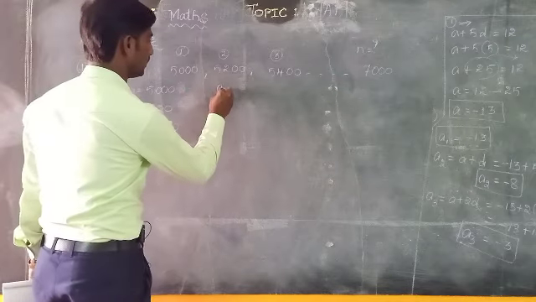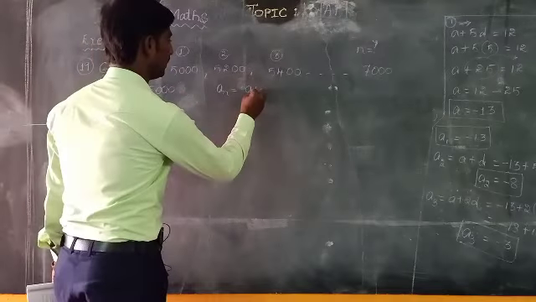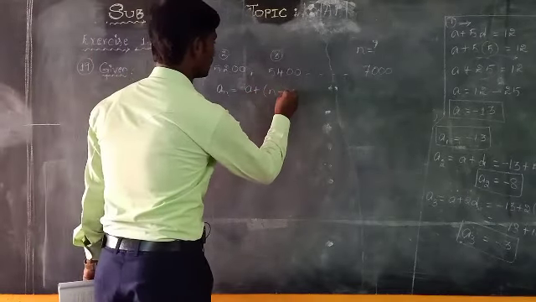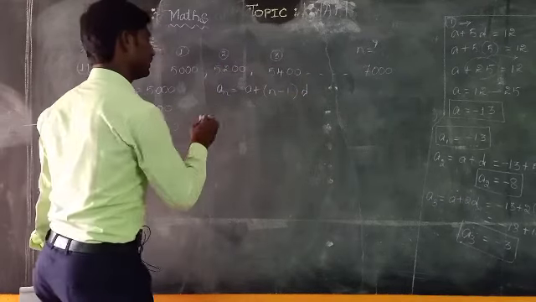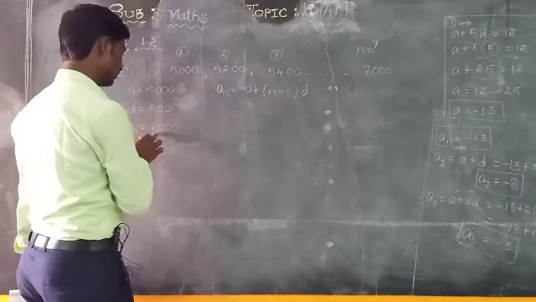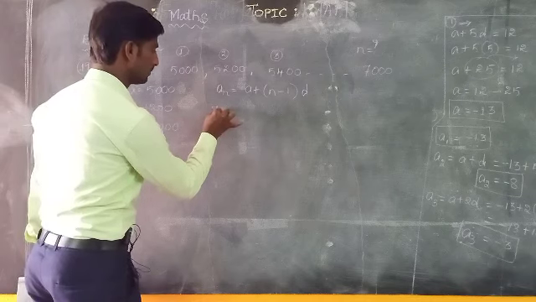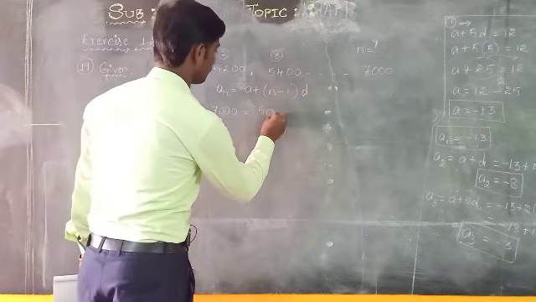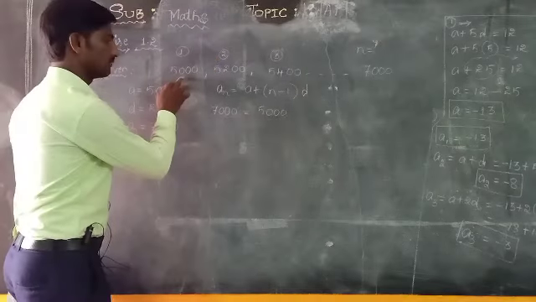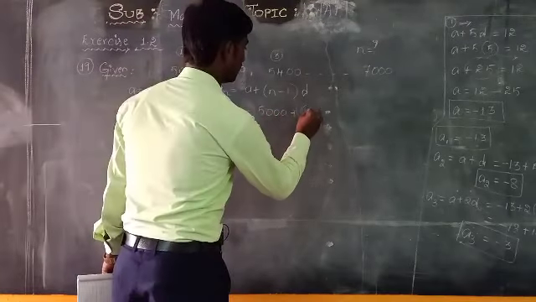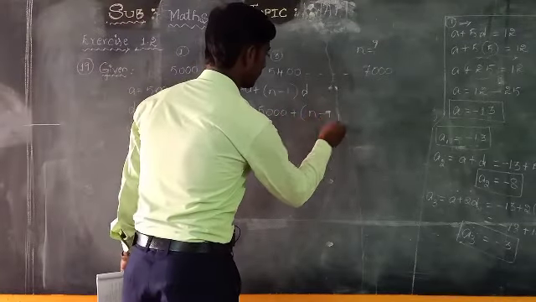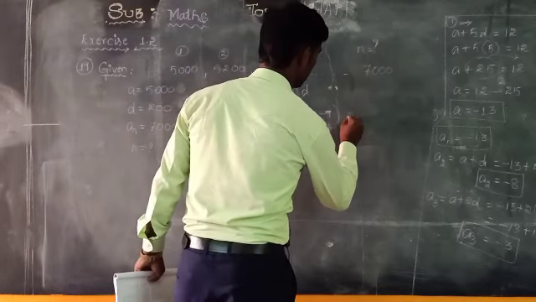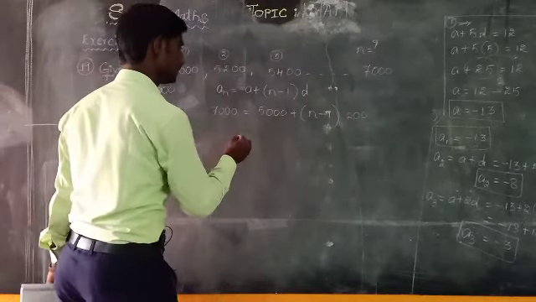That is an equals a plus n minus 1 of d. The an value is 7,000 equals a value, the salary of the first year, 5,000, plus n minus 1 of d, and the d value is 200.